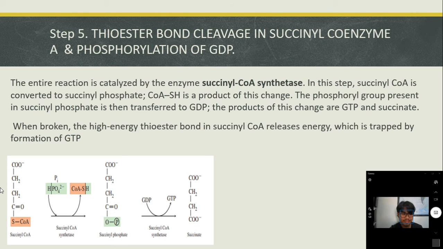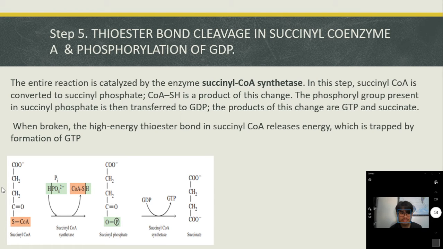In this step, succinyl CoA is converted to succinyl phosphate. The CoASH is a product of this change. The phosphoryl group present in succinyl phosphate is then transferred to GDP. So the product of this change is GTP.